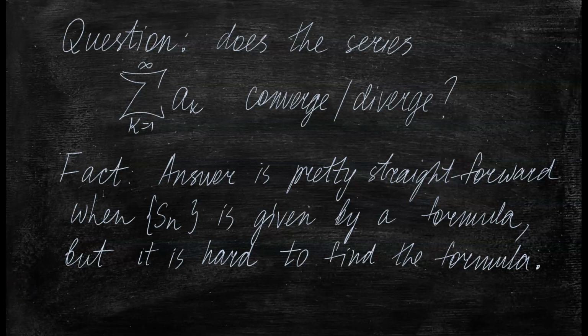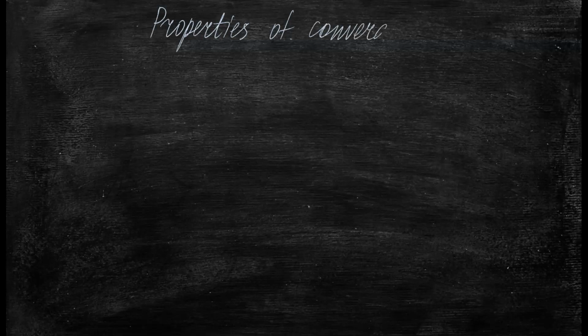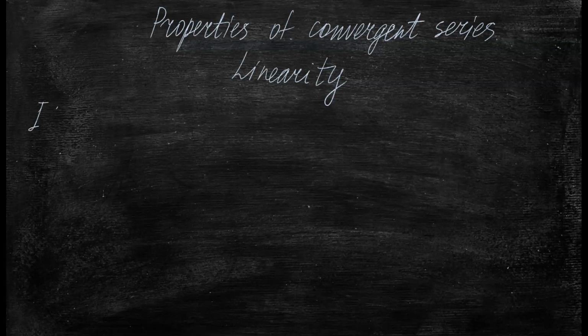However, if we for a second assume that we know that our series converges, the convergent series have some nice properties. All these properties can be described with one word, linearity. And that means if we have two series, and now I'm going to use letter n as an index, and let's just for short write our series like this.